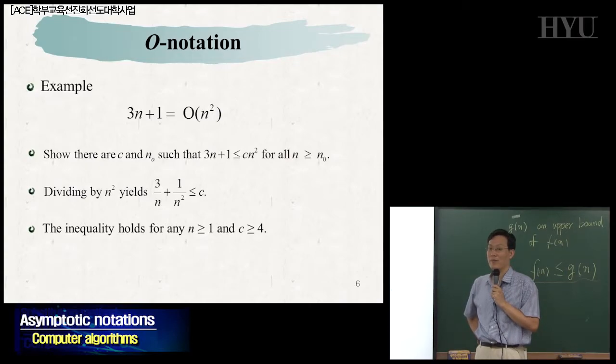First, the c can be proved by the second equation: 3 plus 1 divided by n squared. So c is equal to or larger than 4.